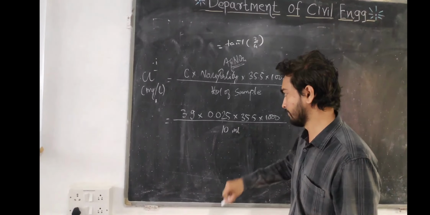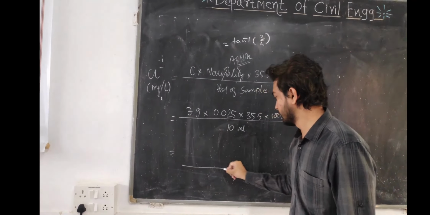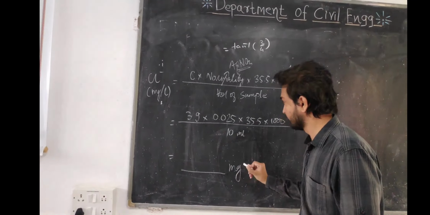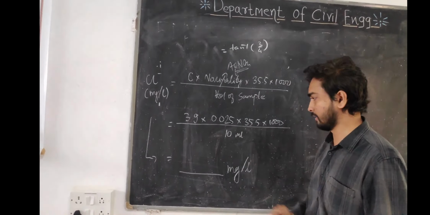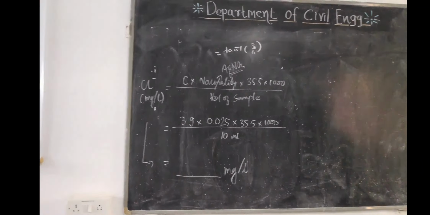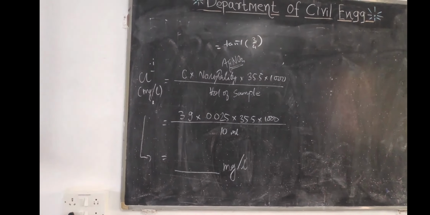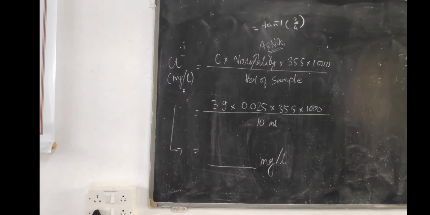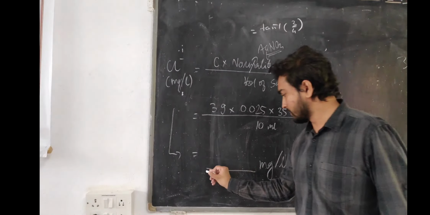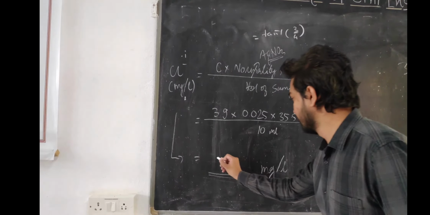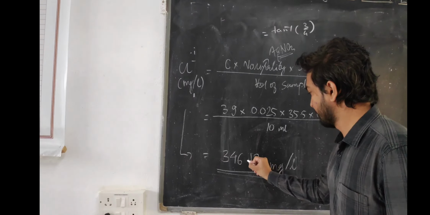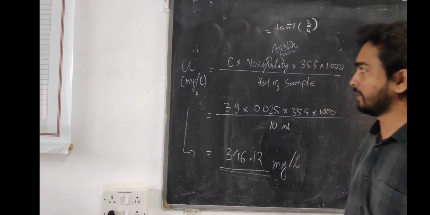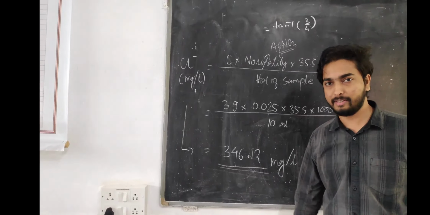After calculation, you have to tell me how much the chloride is in mg per liter. So students, what is the final answer we get? We get 346.1. That is the chloride content in our sewage sample.